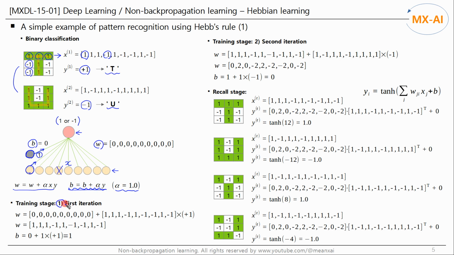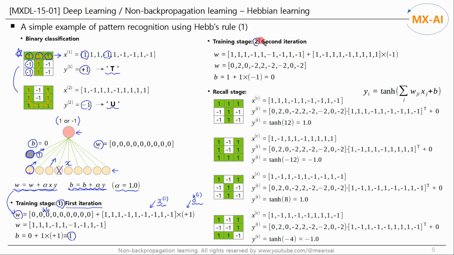In the first step of the training stage, the first image is input to the neural network. Using this formula, W is updated as follows. Initially, all elements of W are 0, and each element increases by the product of X and Y. The bias increases from 0 to 1.